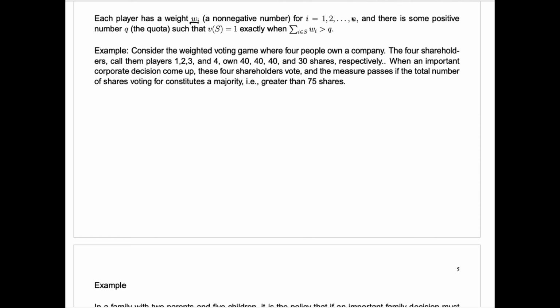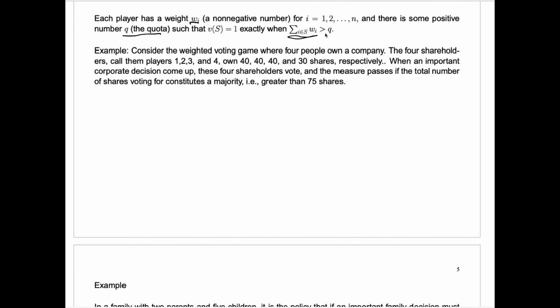We also have some number q, which is the quota, like a threshold, which must be reached in order to declare a winning coalition. Then the value of a coalition S is 1 exactly when the sum of the weights of the members in the coalition is greater than that threshold q.